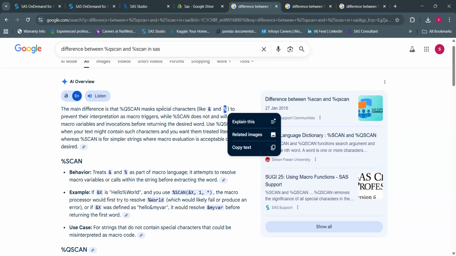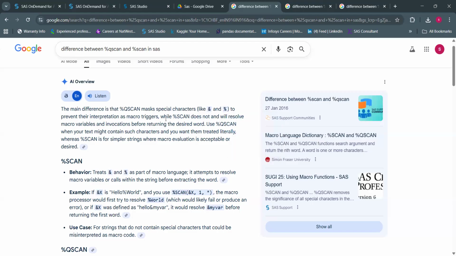So QSCAN masks those values and treats them as simple characters, where we need to extract them as literals, I mean simple values. Normal special characters, but not macro triggers.